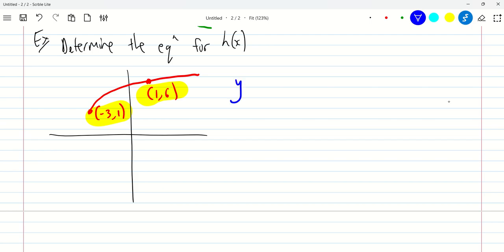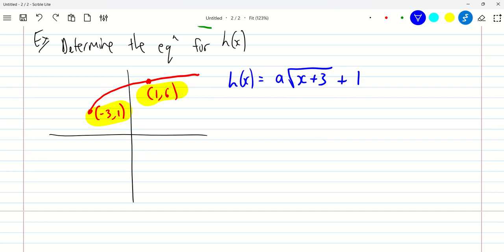So we've got h of x equal to a, inside we're going to have x plus 3, and plus 1 over there. The plus 3 moves it 3 to the left, and the plus 1 moves it 1 up. So that is all correct, and that's the equation of our line at the moment.